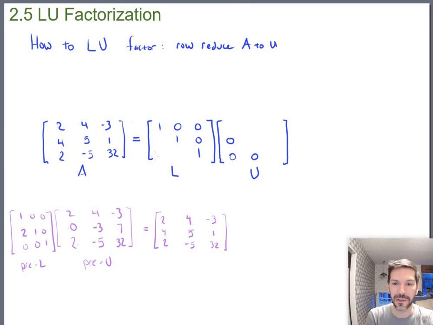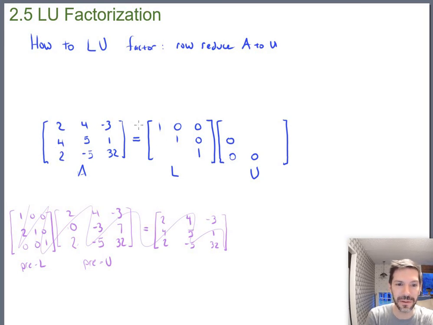Okay, so let's finish this process. I want to continue to row reduce U. So let me go ahead and kind of start over. This was a little bit of theory almost. So let me start over just saying this is how it actually factors A into LU. So A, I'm going to start doing the row reduction.